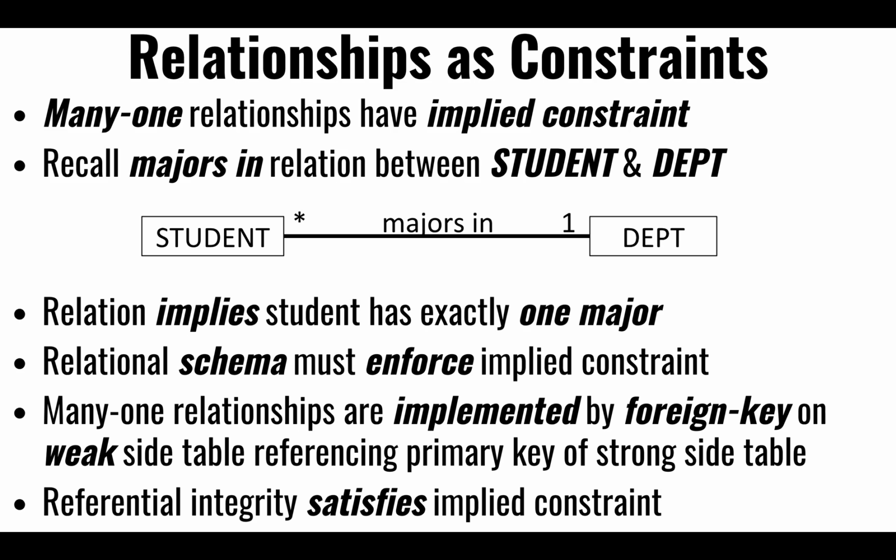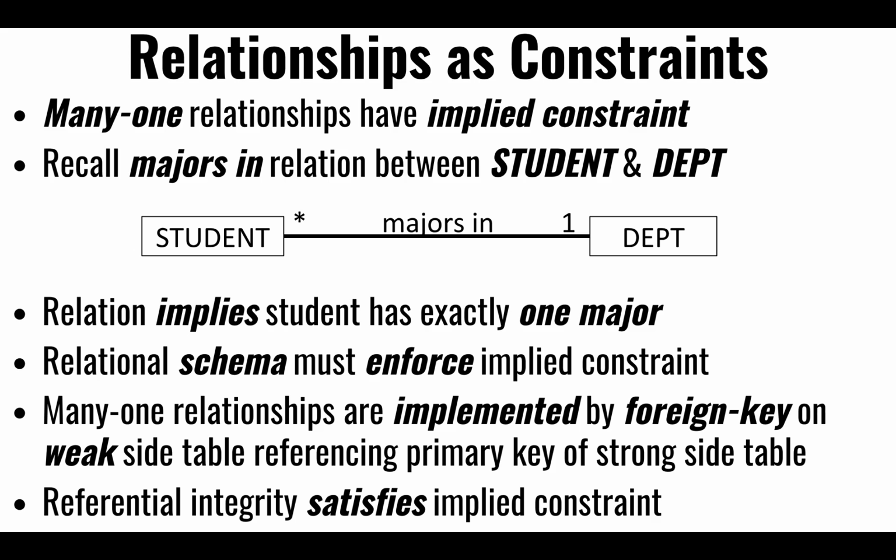It explicitly says that if you have a student, that student can only be associated to one department. That's a constraint. This student cannot be associated to 2 or 3 or 4 departments. So the one-to-many relationship here implicitly implies that a student can possibly only be associated to that one department.